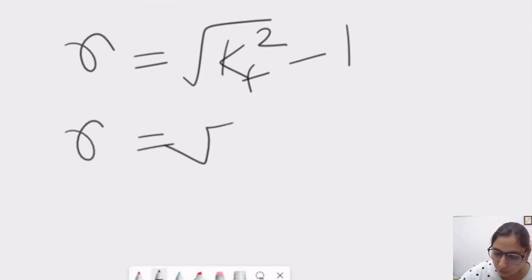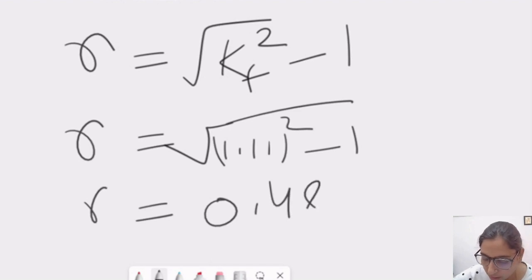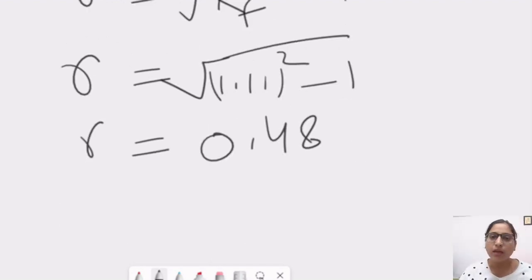So it will be under root of 1.11 whole square minus 1. If we further simplify it, we have the value 0.48 at the output, which is nothing but the ripple factor for a full wave rectifier. The ripple factor of the half wave rectifier, which we did earlier, is nearly 1.55, or in some books it is written 1.57.